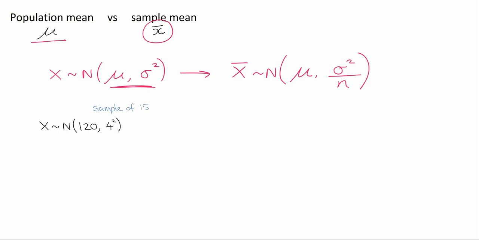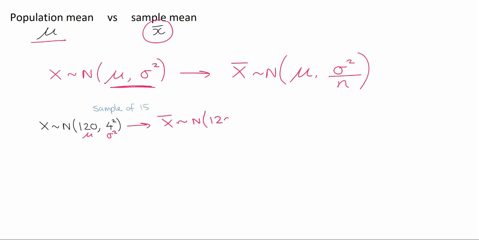So if we apply this knowledge to this question I've already prepared, we've got 120, that's the mean, and here's our standard deviation squared. If we're going to a sample of 15, that's why we've now introduced the X bar, so the mean weight of the racket, if we're staying with that concept from before, is distributed normally.